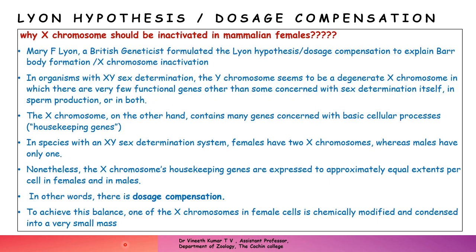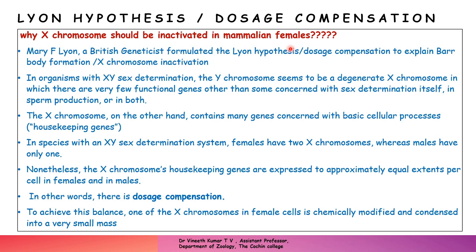Now, coming to the question: why should the X chromosome be inactivated and condensed in mammalian females? One thing to note is that even though the X chromosome is inactivated, and transcriptionally inactive, the X chromosome does not house only the genes related to sex determination.